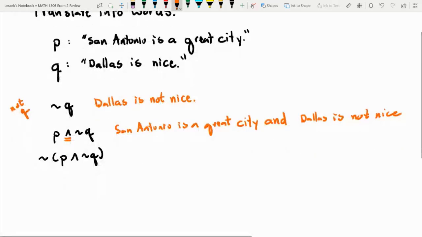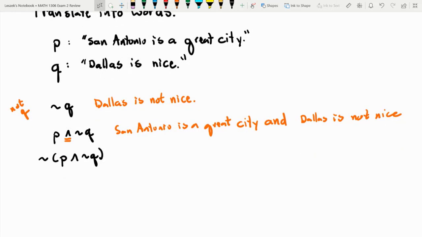All right, and then the last one is there really just to maybe review De Morgan's laws. So let's look at De Morgan's laws. Because I could say it's not the case that San Antonio is a great city and Dallas is not nice, but that's kind of weird. So we probably want to use De Morgan's laws first for logic here.